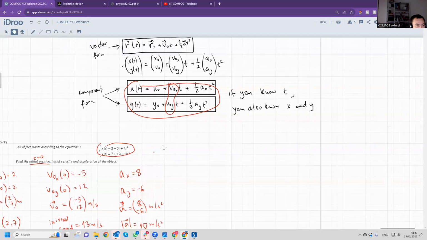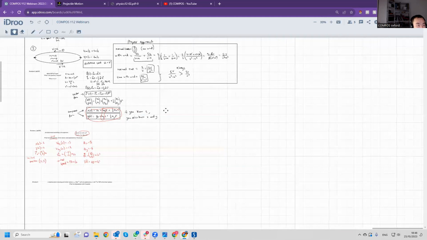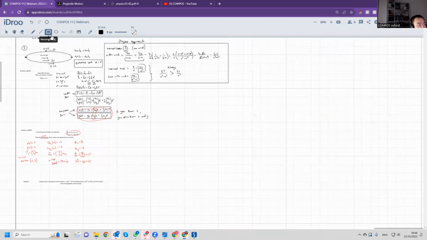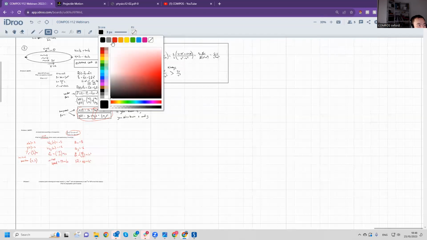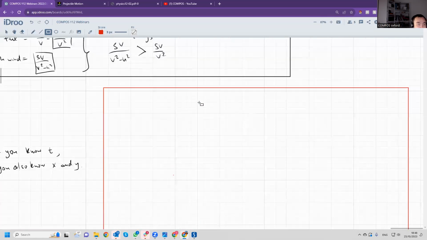Okay, so we sort of explored this a bit. Let's obtain the SUVAT equations from calculus.